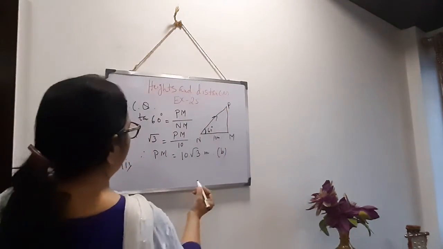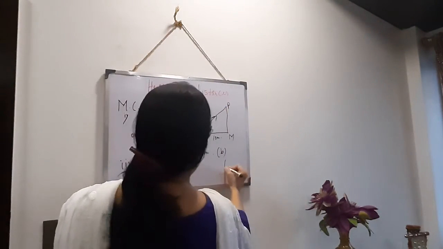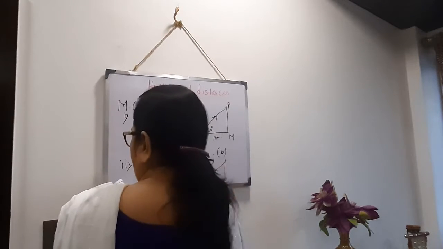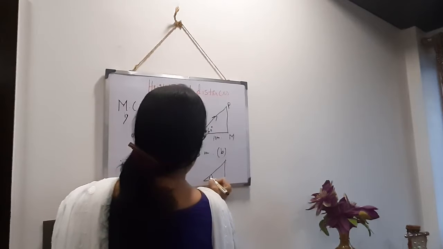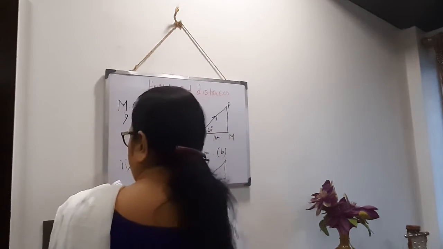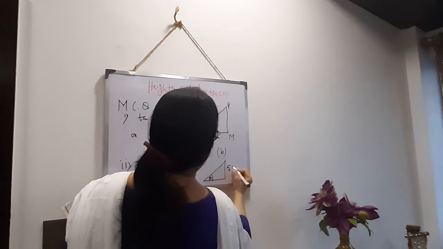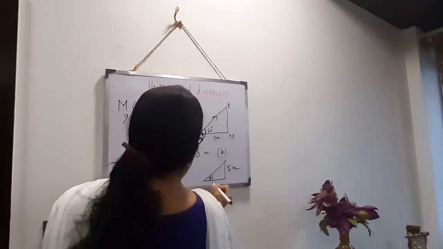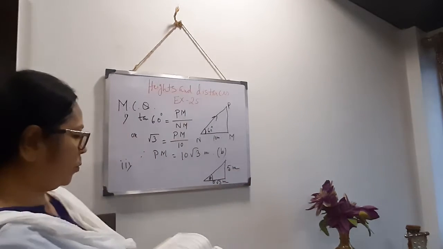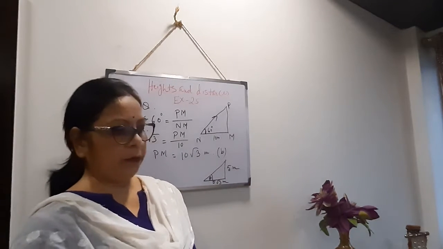Now number 2, diagram given. Here the diagram is this. Only theta is unknown. In the previous case theta was given 60 degrees. Here theta is unknown and this is given 5 meter and this one 5 root 3 meter. You have to calculate theta.